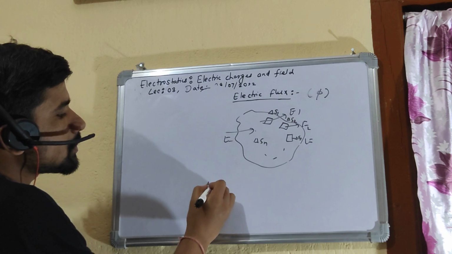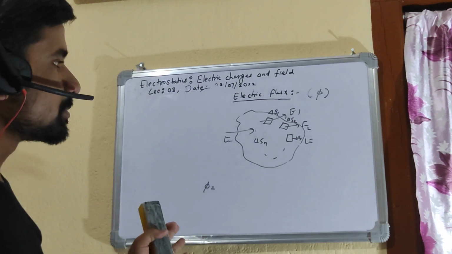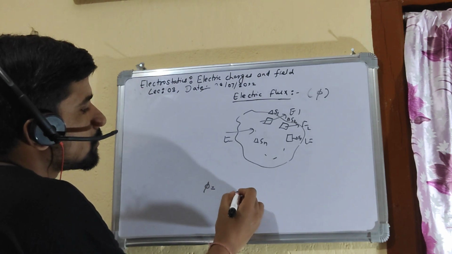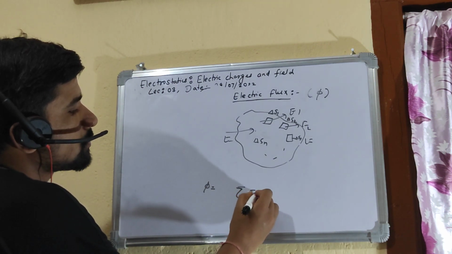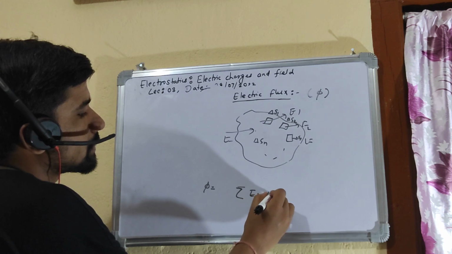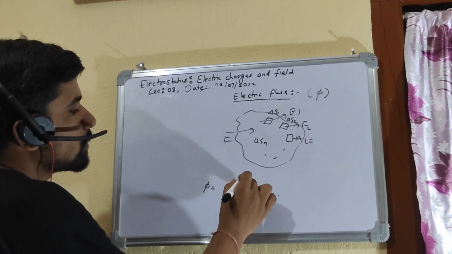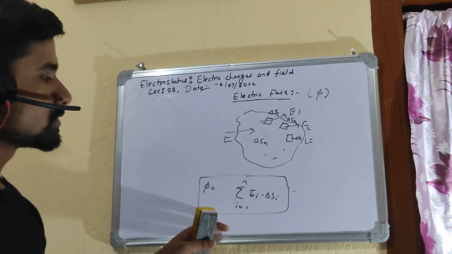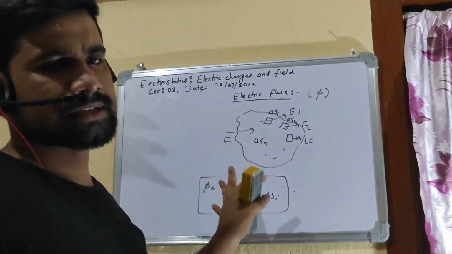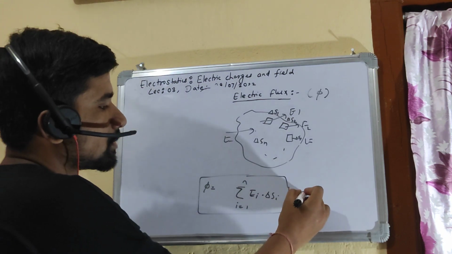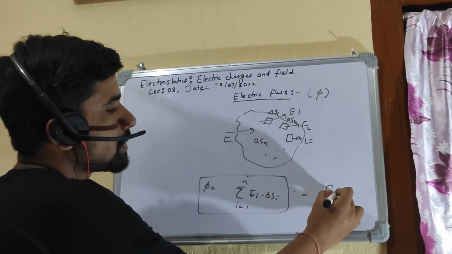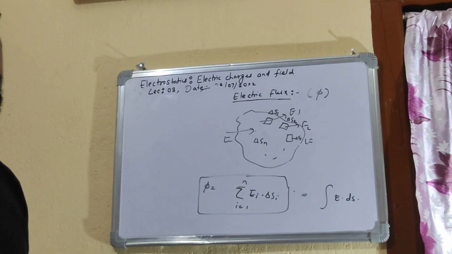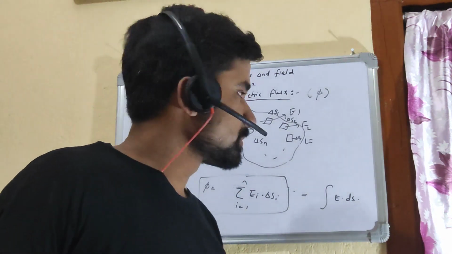So the net flux will be the summation of all the fluxes, from i equal to 1 to n, right? Okay. So this is for discrete systems. For a continuous system, this will become an integral form. So this will be the net flux, right?